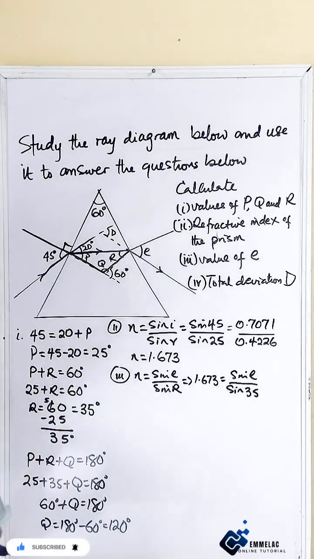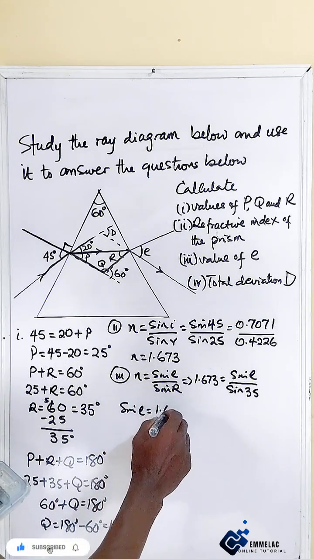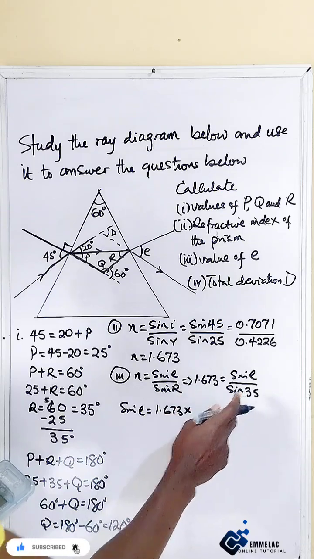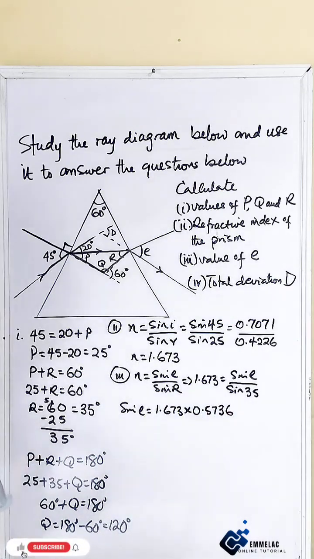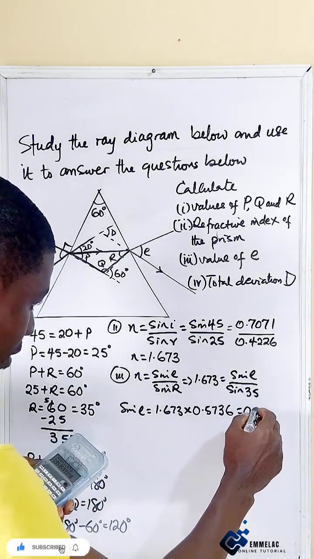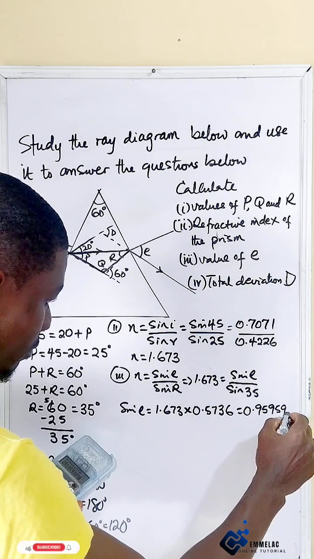Now cross multiplying, sine E will give us 1.673 times sine 35, which is approximately 0.5736. Multiplying, here we have 0.9595 and so on.